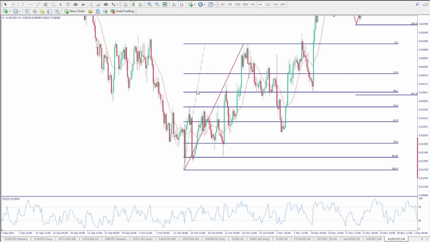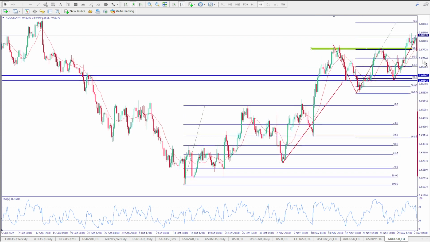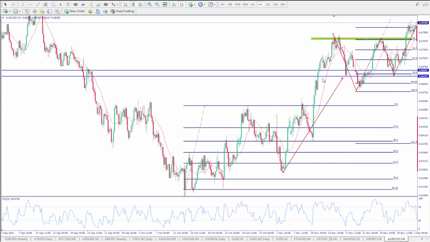A, B, and then C to D. Exactly completed right here. At point D, we can sell in a bullish trend, and at point D in a bearish trend, we can buy, especially if we get any reversal, let's say a bottom like this.